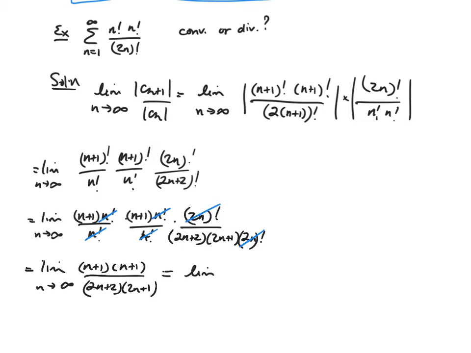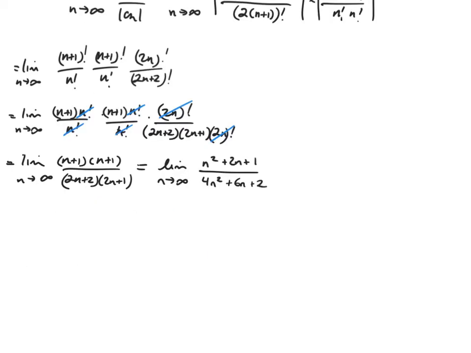If I work this out, I get on the top n squared plus 2n plus 1, and on the bottom 4n squared plus 6n plus 2. Now as n goes to infinity, we have two polynomials in n. There are many ways to approach this, but the simplest is probably to realize that the top and bottom have the same degree, so we can simply take the ratio of the leading coefficients.